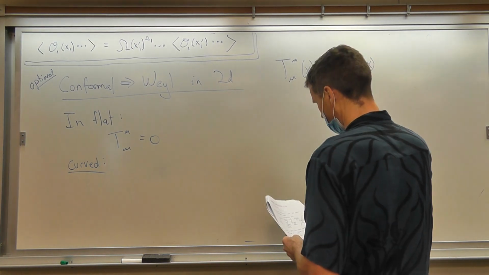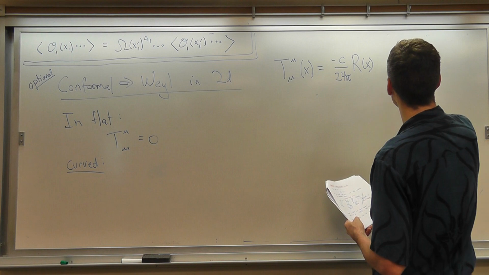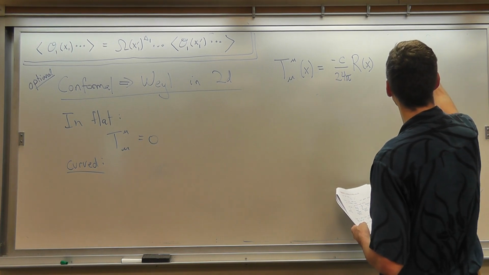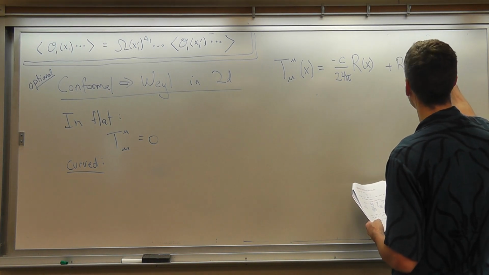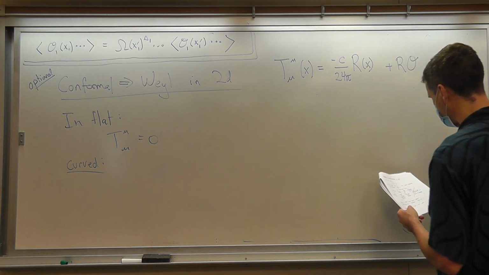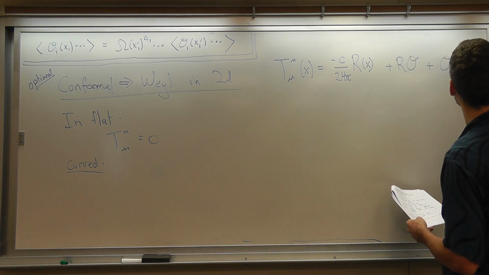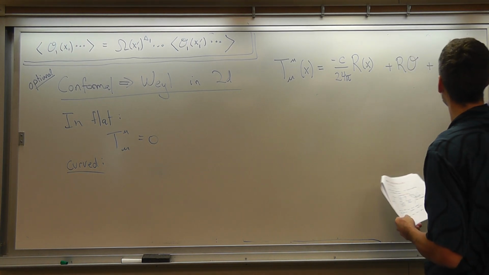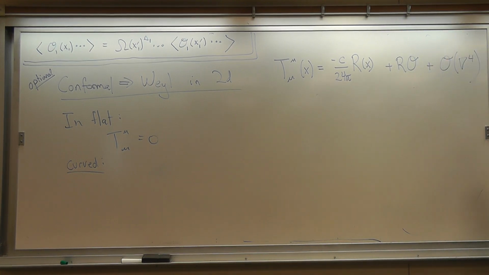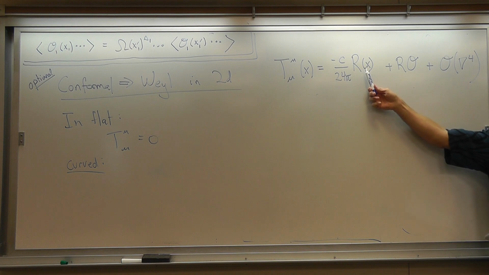Let me write it first and I'll come back to it. Plus R O plus order grad to the 4. Okay, so R here is the scalar curvature of the background metric.